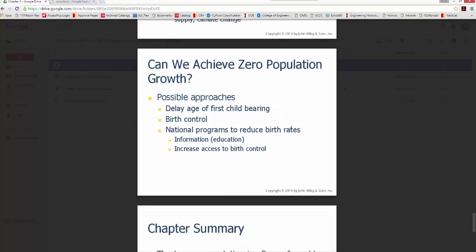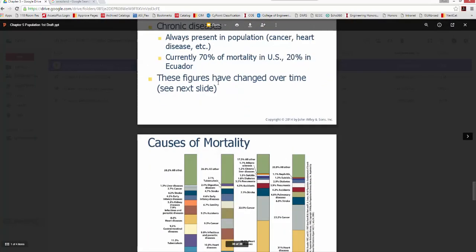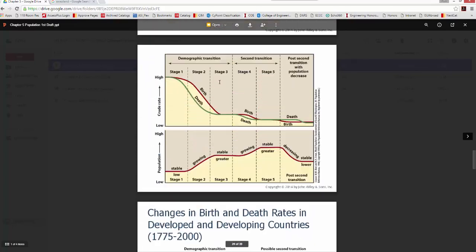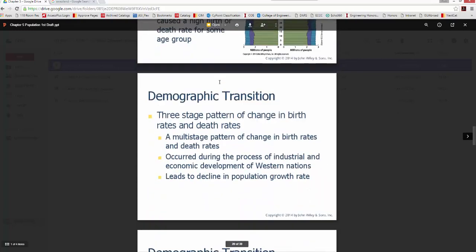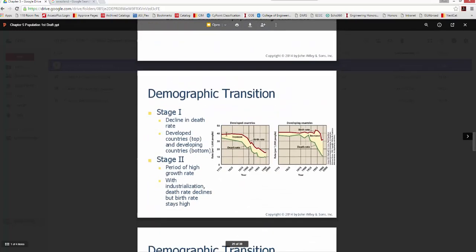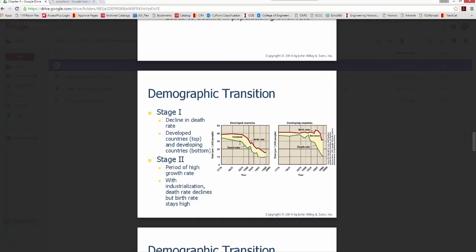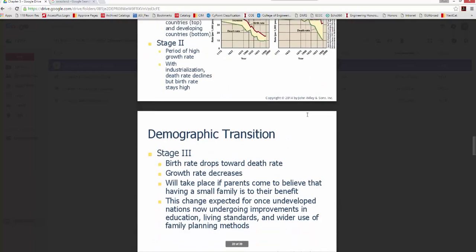So the question comes now: if we were to go to this deep ecology approach, can we achieve zero population growth? If we look back in history, at the birth rates and death rates from 1775 to the early 1990s, we certainly have not achieved zero population growth.